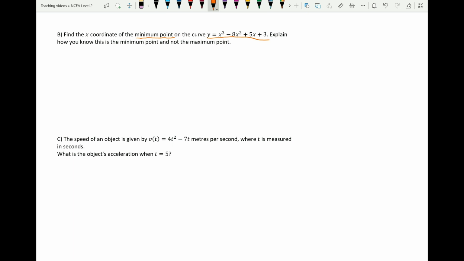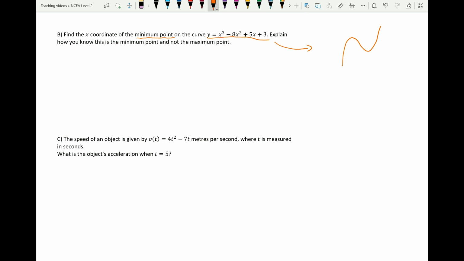Okay, so minimums and maximums are both examples of turning points. So if we think about this graph that we've got, that is a positive cubic equation, so the graph will look something like that. Now, as you can see, that has got 2 turning points, just like the cubic from the previous question.